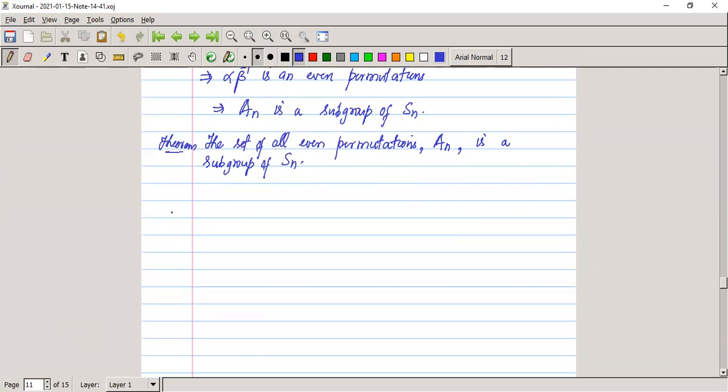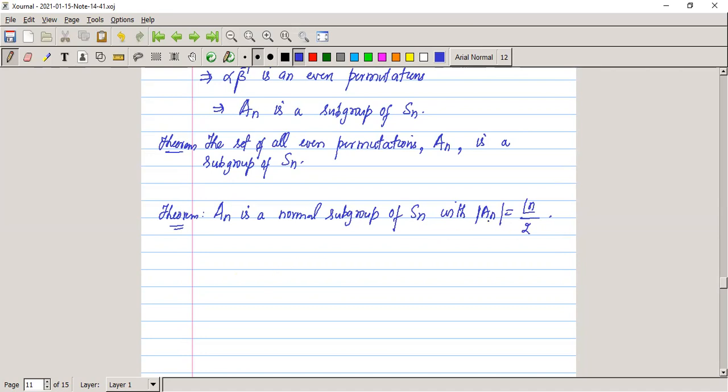Now we proceed towards one more theorem, which is actually one nice theorem here. An is a normal subgroup of Sn with order of An equal to n factorial divided by 2.